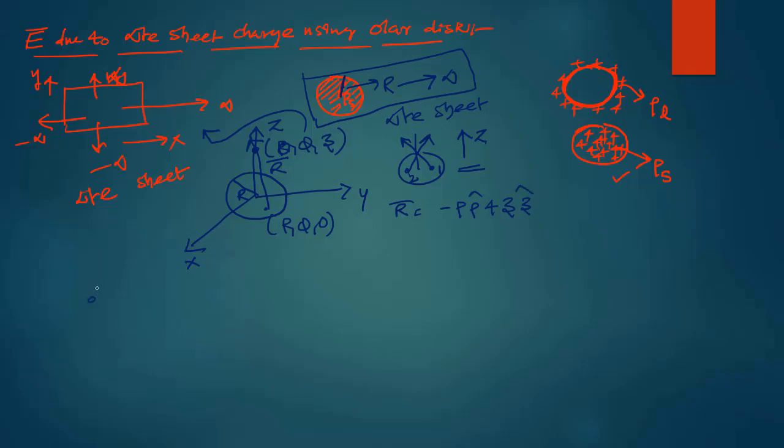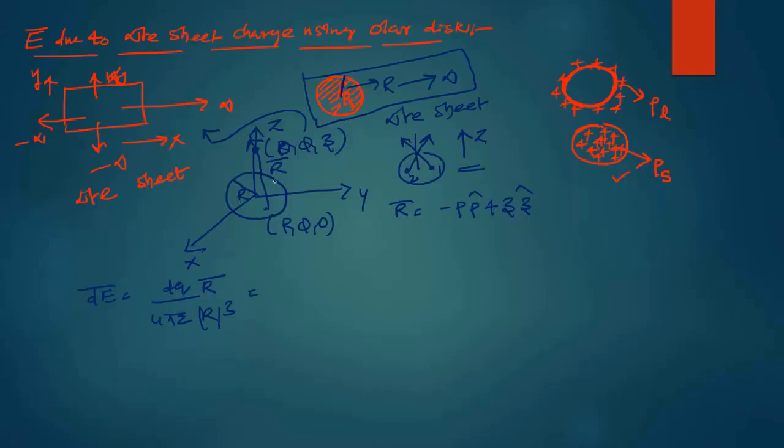So from Coulomb's law, the electric field due to an infinitesimally small differential element is given by dq by 4 pi epsilon magnitude of r cube times r bar. Okay, and because it is a sheet, having the charge density rho s, we can take dq equal to rho s into changes in rho, d rho, changes in phi, rho d phi.